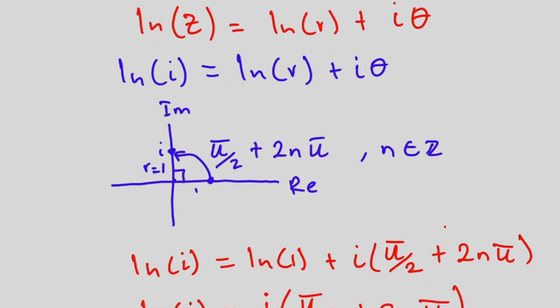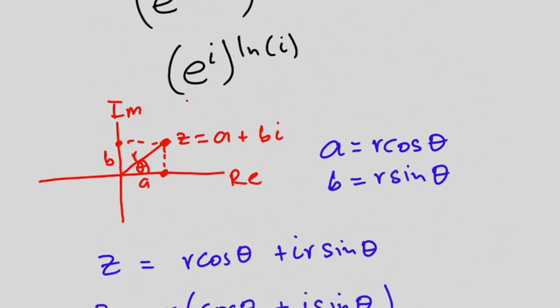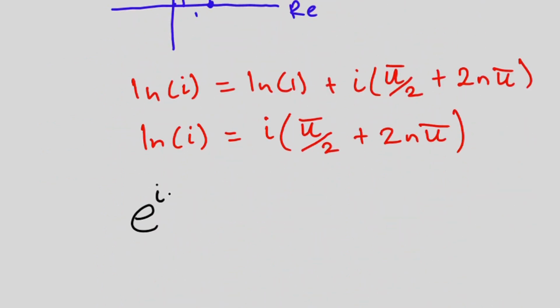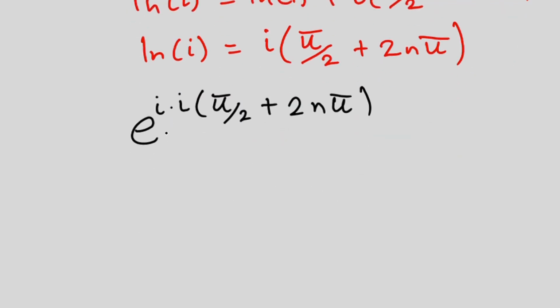So let's go ahead and put it into this expression right here. So we're going to have e to the power I times everything here. That is I times pi divided by 2 plus 2n pi. Now guess what? I times I is -1.